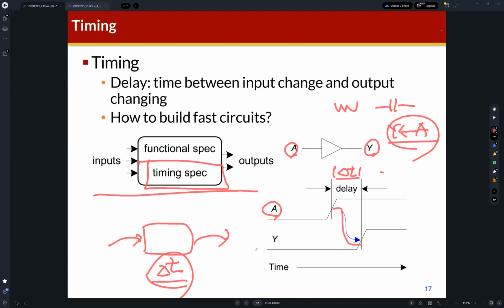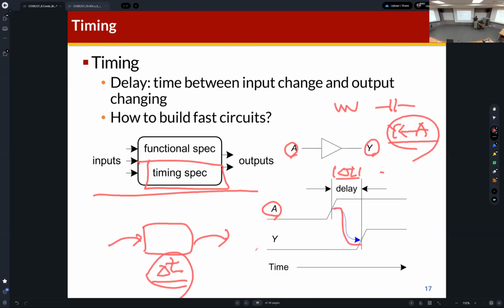If you see this waveform, the waveform of Y is different from the waveform of A, right? Even though the function Y equals A is equivalent, if we consider the timing of this buffer, because of the delay, the waveform is different.